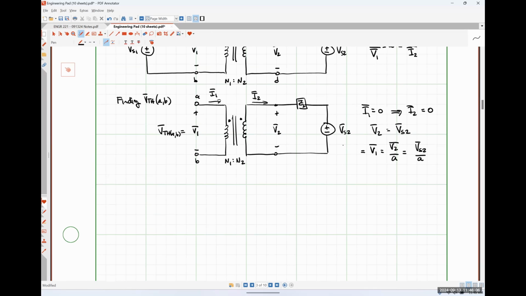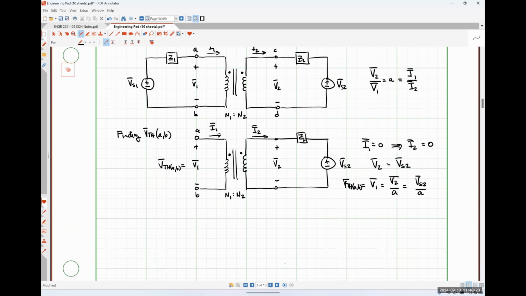And I'm going to make a note out here. So this is V Thevenin A to B. We just used it.